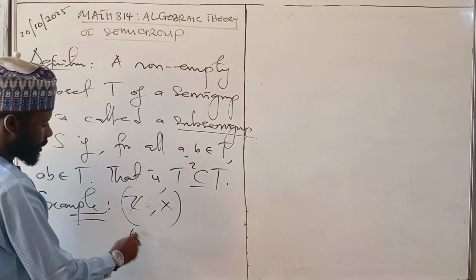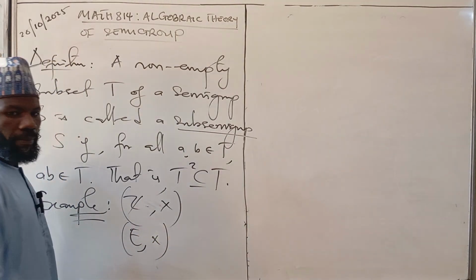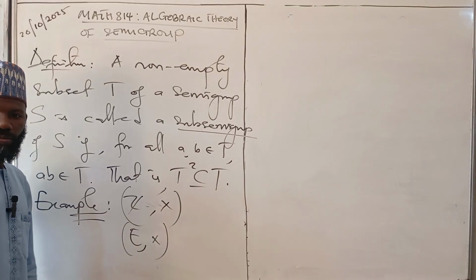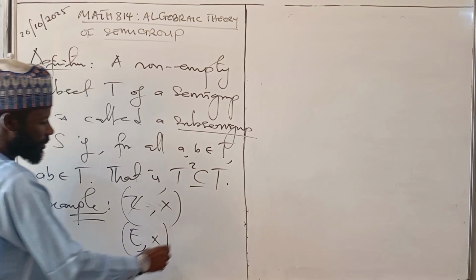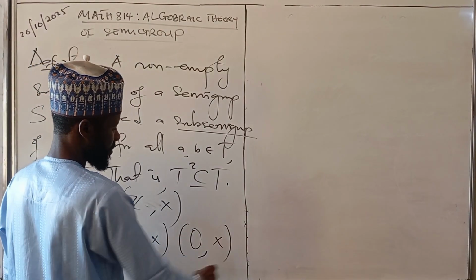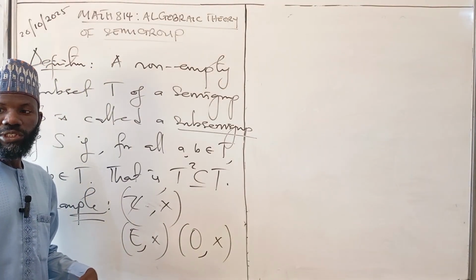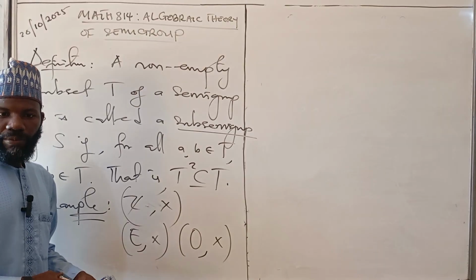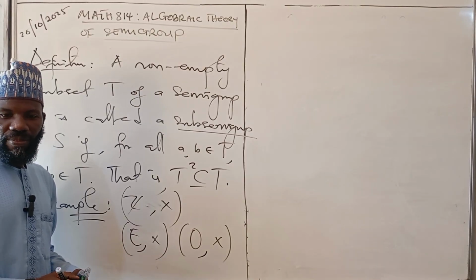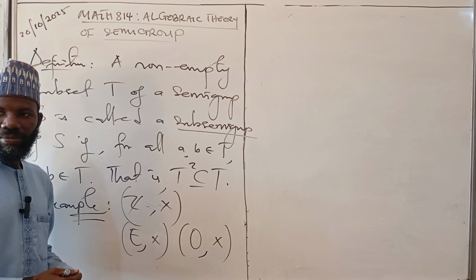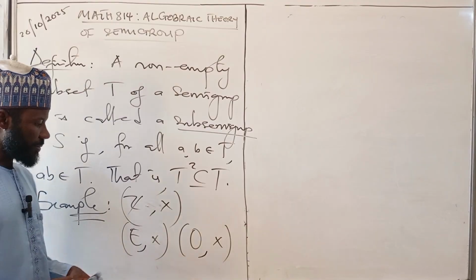If you take the even integers with multiplication, is it a subsemigroup? Multiply any two even integers, you still get an even integer. Likewise, if you take the odd integers with multiplication, the product of two odds is also odd. Is that true? The set of odd integers, yes.